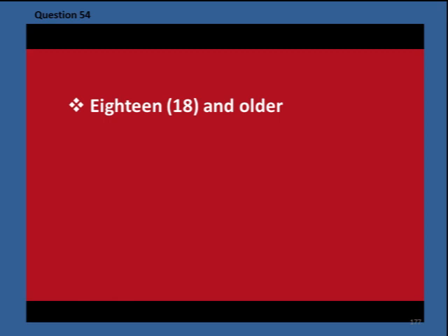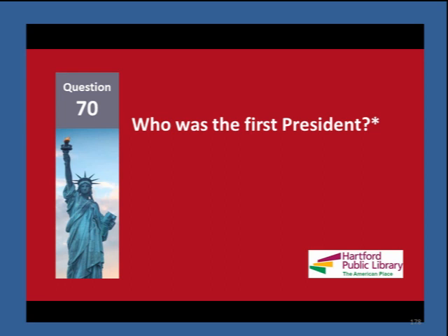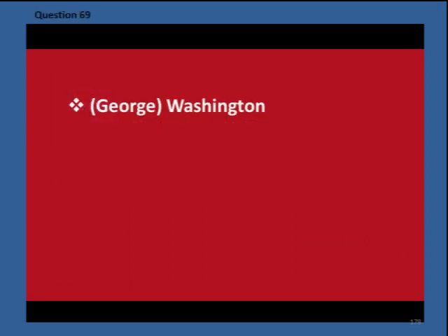Citizens have to be 18 or older to vote for president, or any other federal, state, or local election. Question 70. Who was the first president? Washington. The first president of the United States was George Washington.